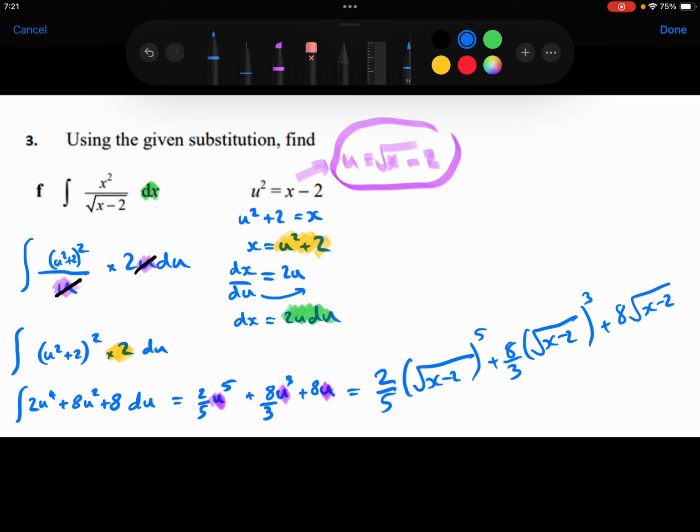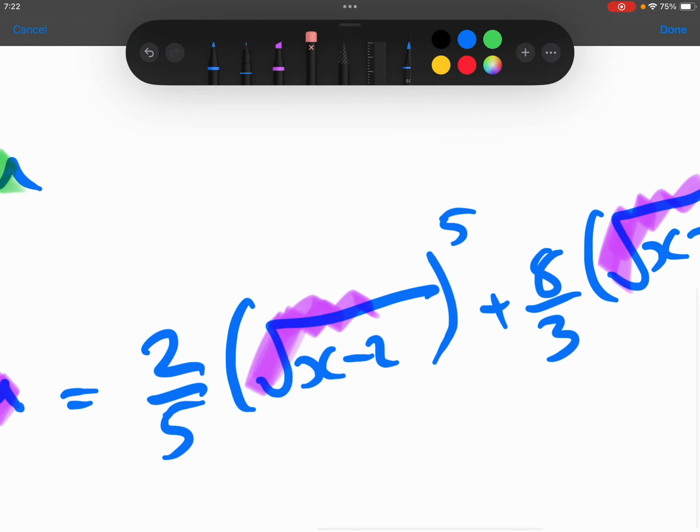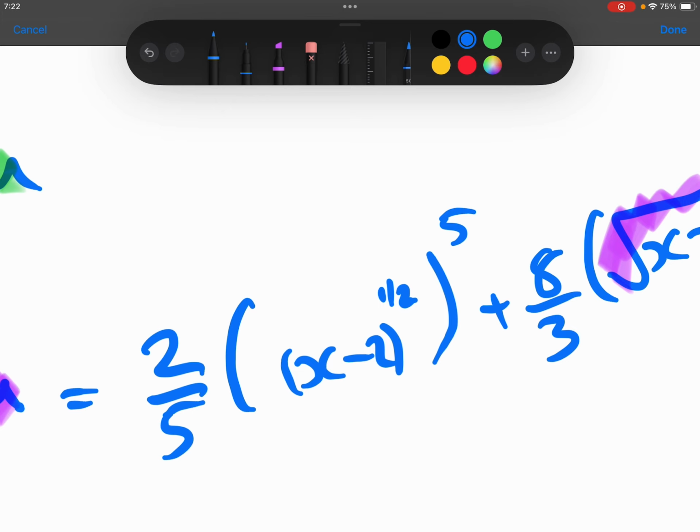I could leave my answer like that, but I do know that this square root here means power of 1/2, which will tidy up quite nicely with the powers of 5 and 3 there. So if I swap that to be a power of 1/2, then the 1/2 times the 5 will be 5/2.